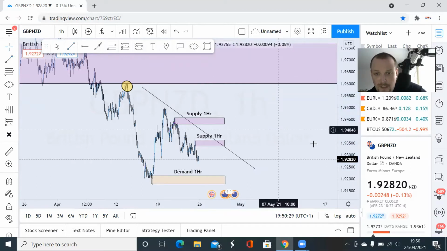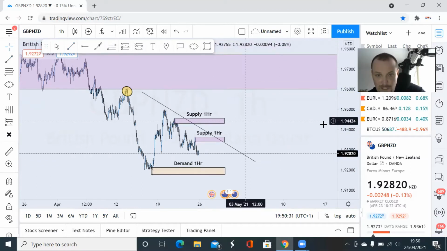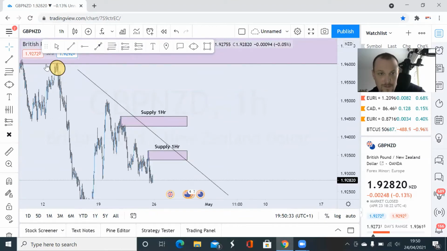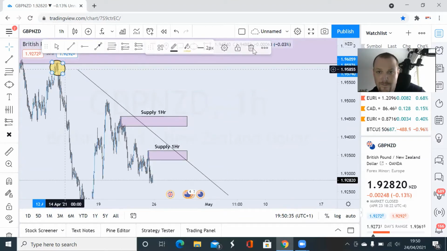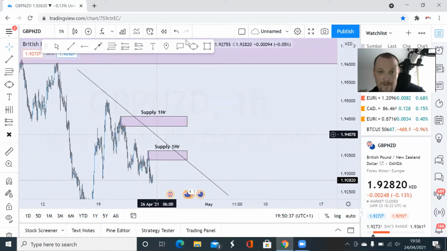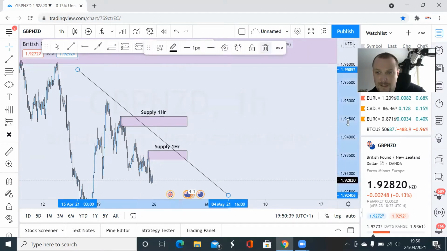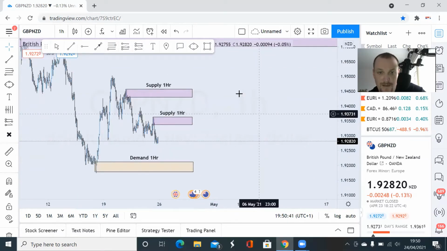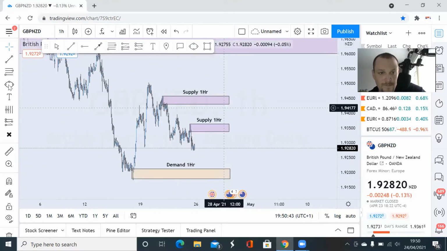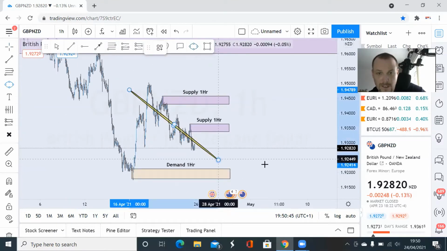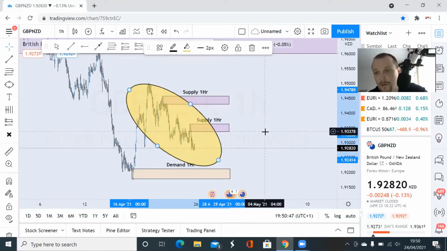So that takes us into the area down here. Take your attention to this part of the chart at the moment.